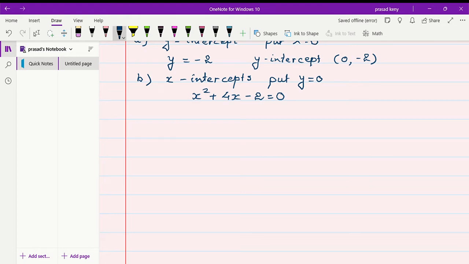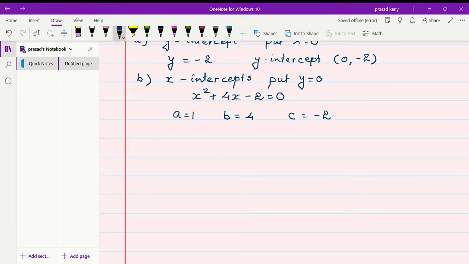So in this case, what you can do is you can use the quadratic formula. Now here a is equal to 1, b is equal to 4 and c is negative 2.